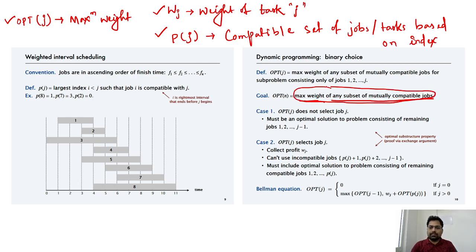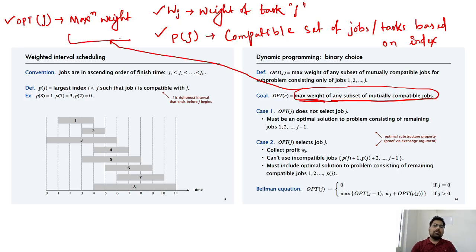Do not write the same thing it is representing. Okay, so I'm just highlighting it. So this is what the OPT J is. Basically we try to find the maximum set of jobs, like the subset, we will find our maximum set of compatible jobs where we get the maximum weight.